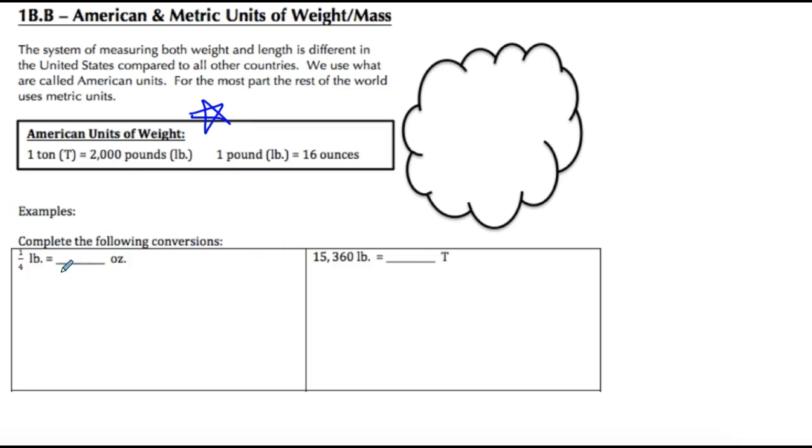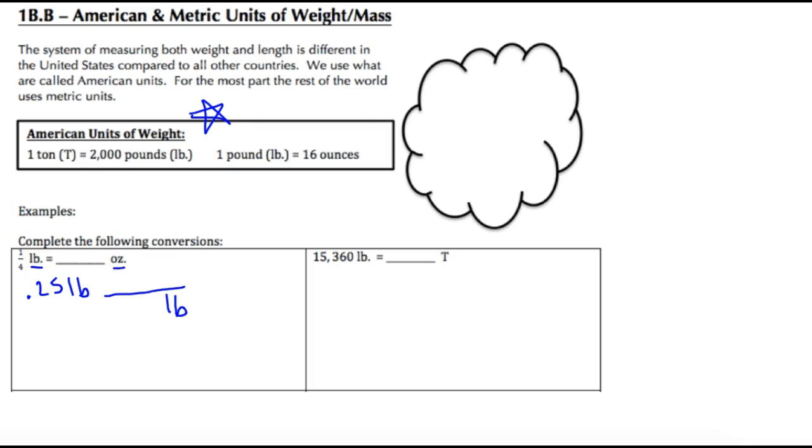What we're going to do is focus on the units just like we did before, and use our proportions or ratios to help us do that. For example, if I want to go from pounds to ounces, I see that 1 pound is equal to 16 ounces. If I have 1/4, also known as 0.25 pounds, when I make my ratio I want my pounds on the bottom.